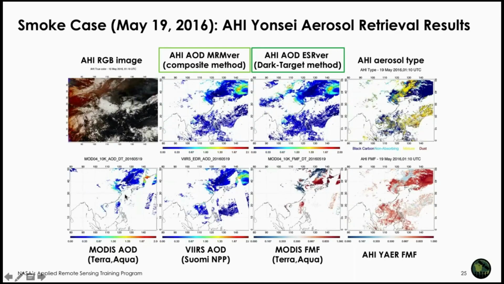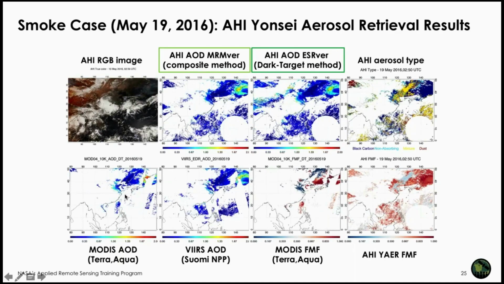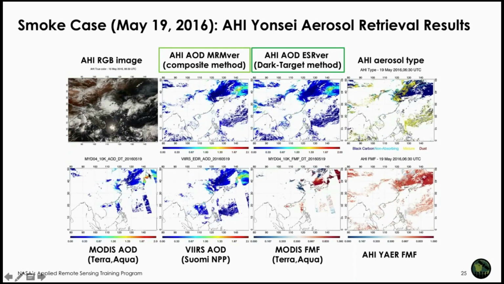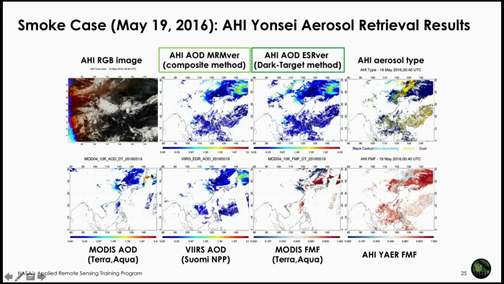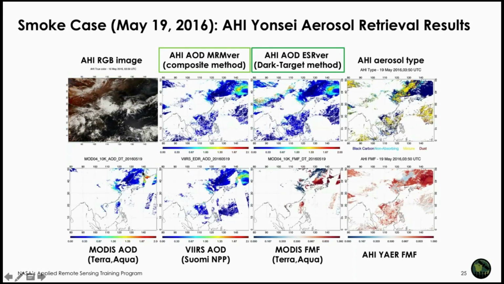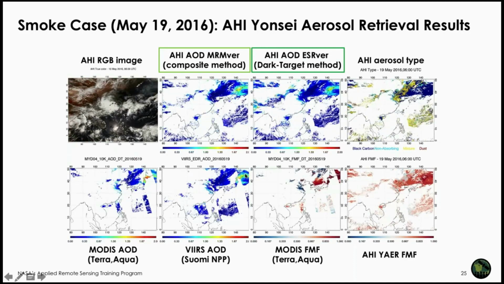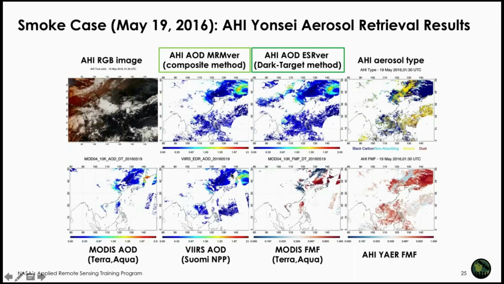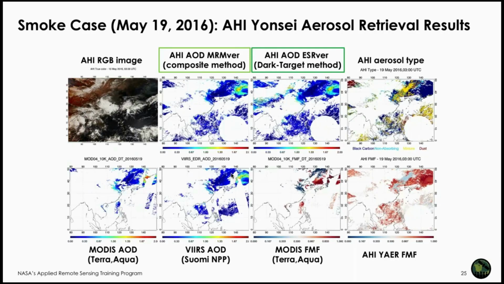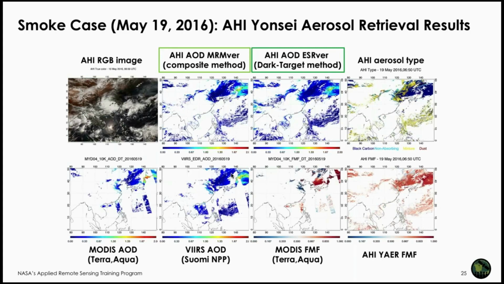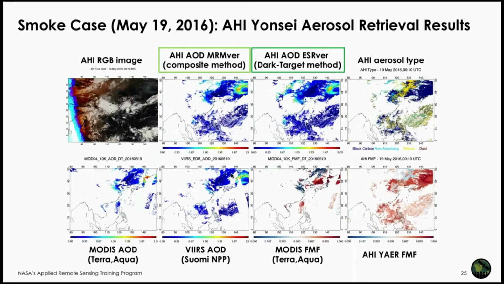And MODIS Terra and Aqua also detect this plume, but due to the sunglint issue, there are so many no-retrieval pixels around the Hokkaido area. VIIRS also detects this plume, but also has some no-retrieval area due to the sunglint. Sunglint means a too bright ocean surface due to the geometry between Earth, Sun, and satellite.